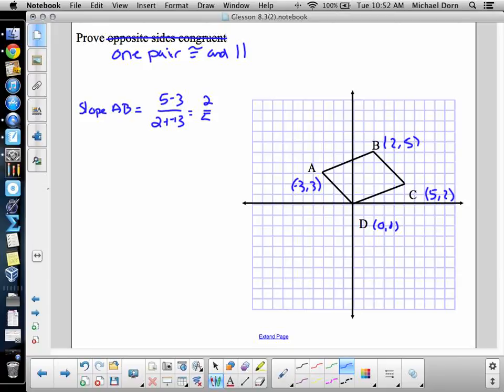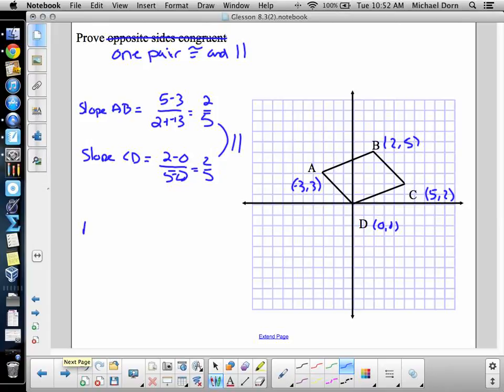That's 2/5. Slope of CD, 2 minus 0 over 5 minus 0 is 2/5. Aha, these are parallel.